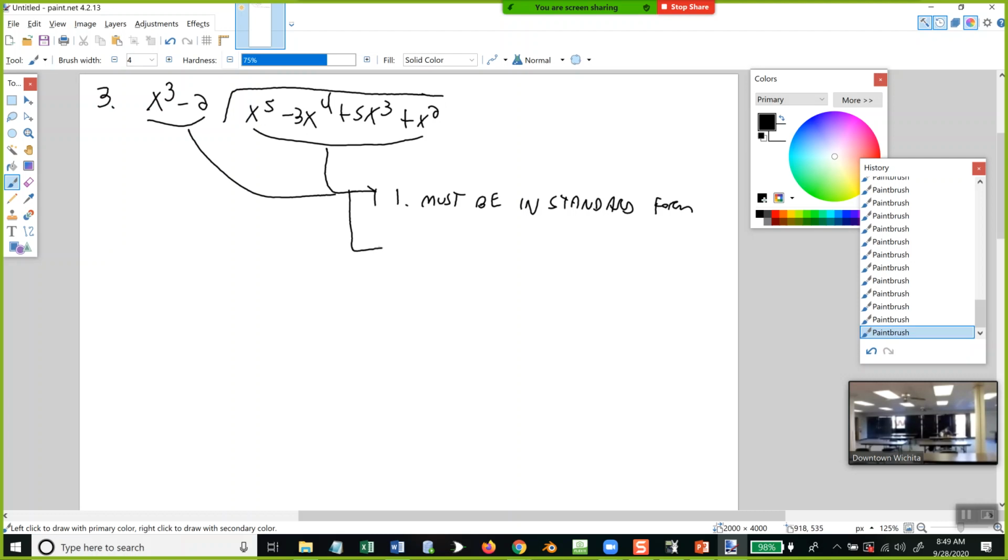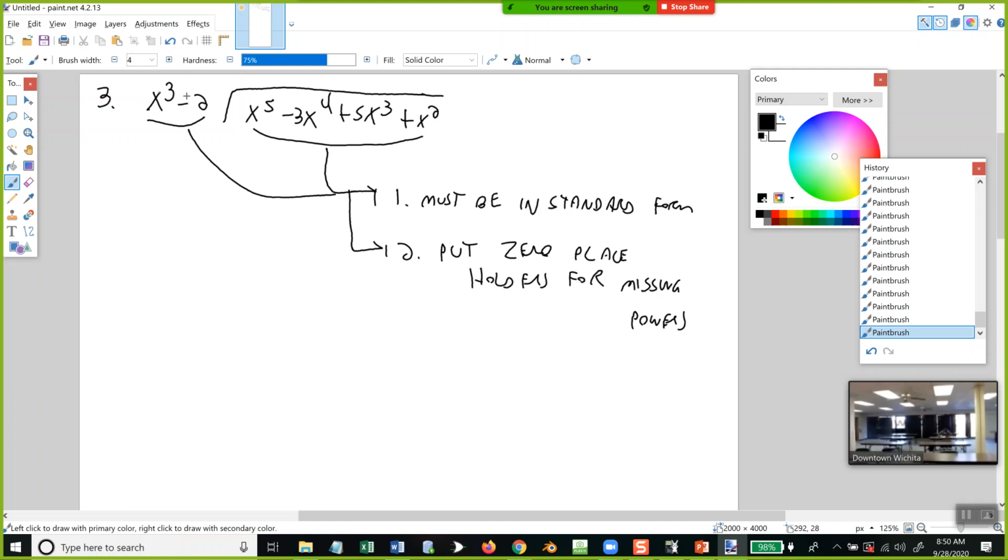Second thing is we're going to put 0 placeholders for missing powers.